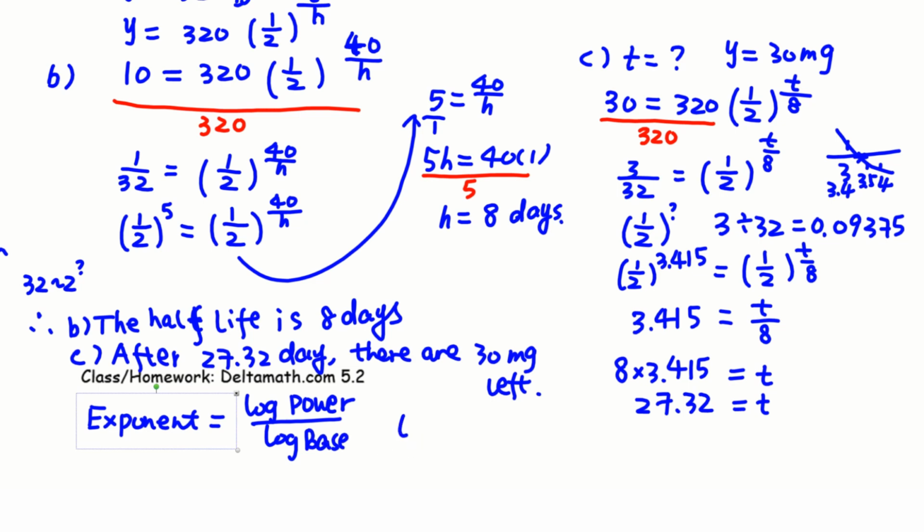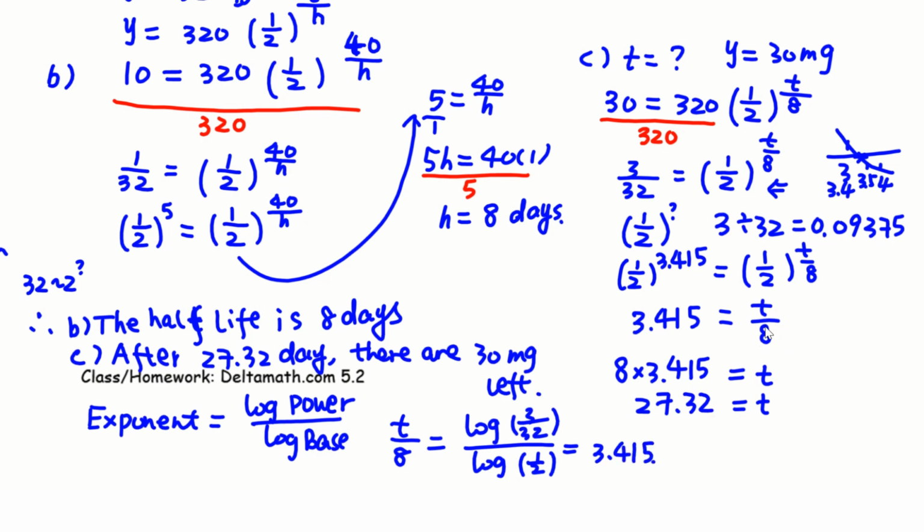Then we have t over 8 equals, from this equation, log power is 3 over 32 over log 1 over 2, and it will give you 3.415. Then go from there to solve for t, moving the 8 to the other side. You will have the same answer.